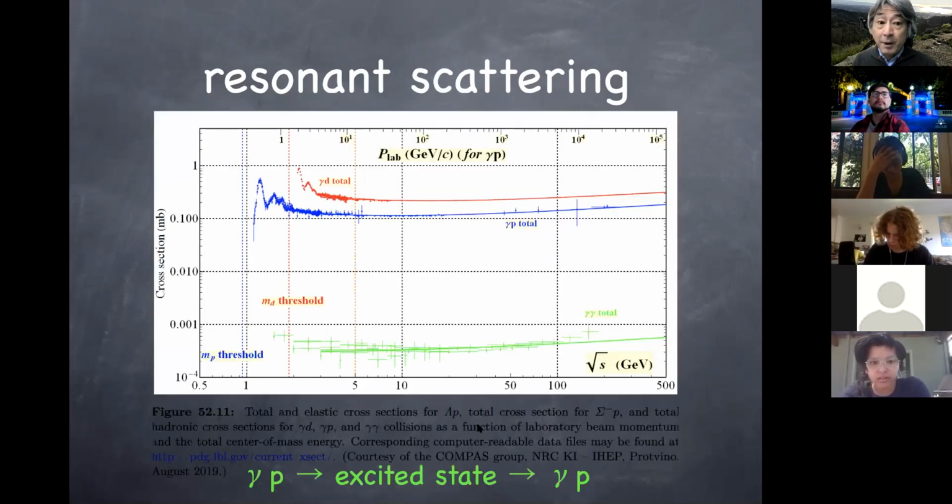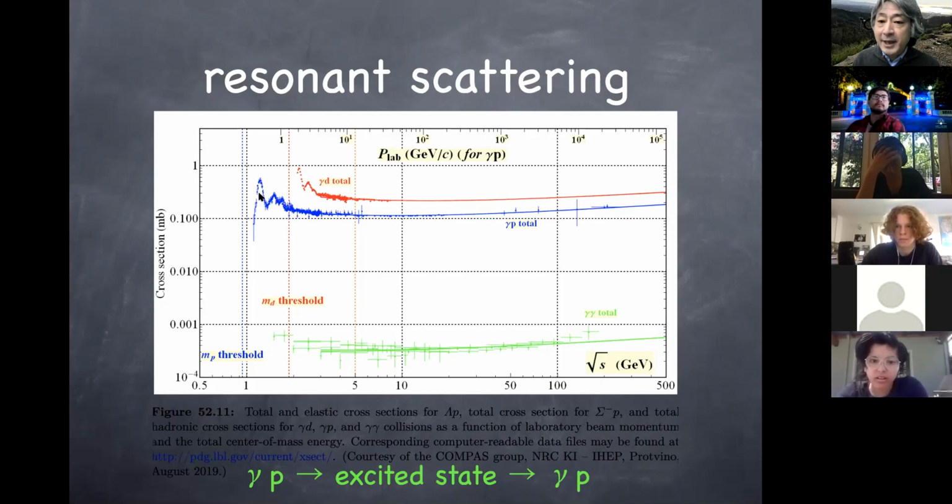And if you go further to particle physics, you see these peaks where you clearly see a finite width, because the lifetime of this state is so short. And the lifetime in this case is coming from the scattering of a photon sent into a proton. You may have never heard of this, but the proton has an excited state. The proton can be excited, and this photon corresponds to the excitation energy of the proton.